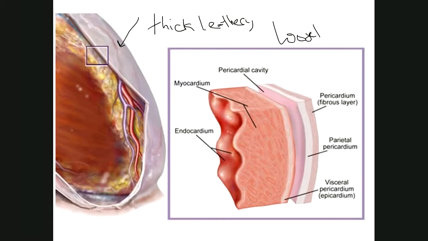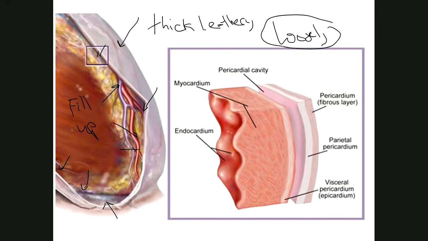Look, you can see a bunch of space in here because it's a loose fitting sac. The reason it's loose fitting is because the heart, like a balloon, is going to fill up with blood. And when it fills up, just like a balloon, it has to swell out. And so if this sac was a tight-fitting sac, it could not do that. So it's a loose-fitting sac.